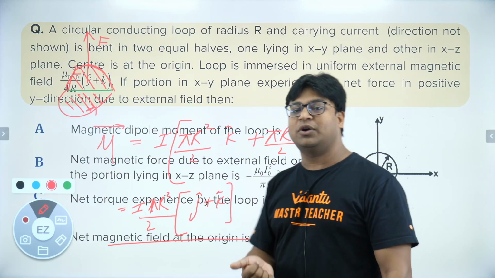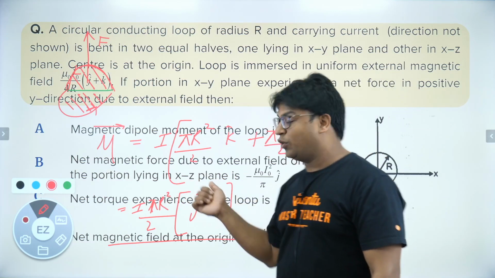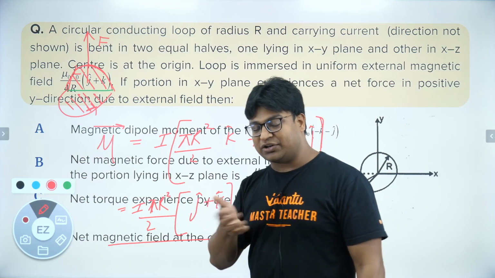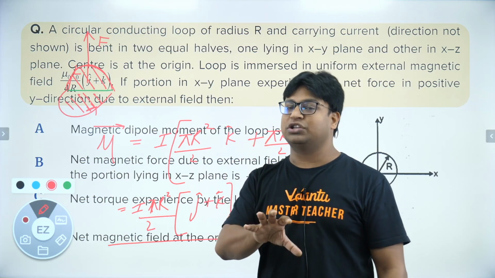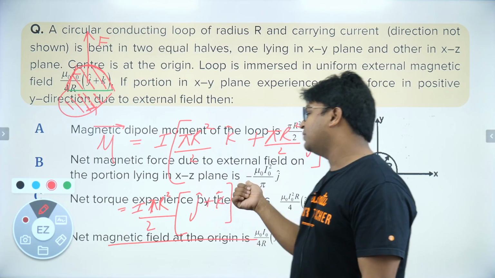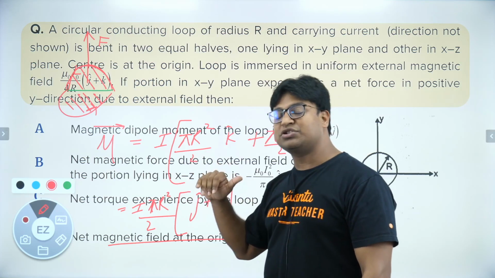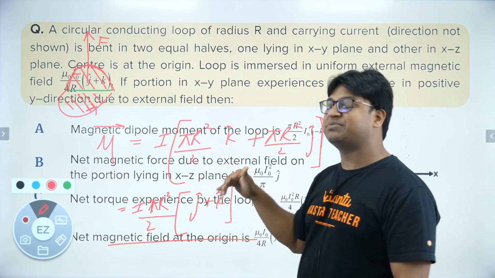Option B talks about the magnetic force due to the part lying only in the xz plane. The answer to whether this option is correct lies in the fact that the net force on the loop is zero. So this part must experience a force which is the negative of the force experienced by the remaining part.